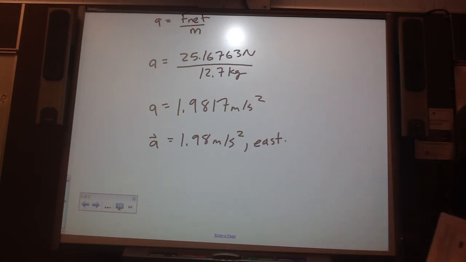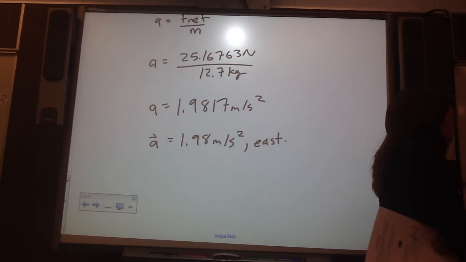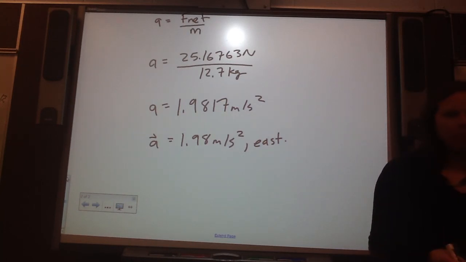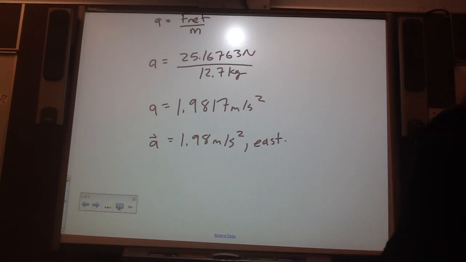You could jump to a spot like that when you're just rearranging, but that's kind of advanced, doing several steps at one time. For me, I like to figure out each force separately and then put it back into the equation that I need. Depending on what you like to do is up to you.